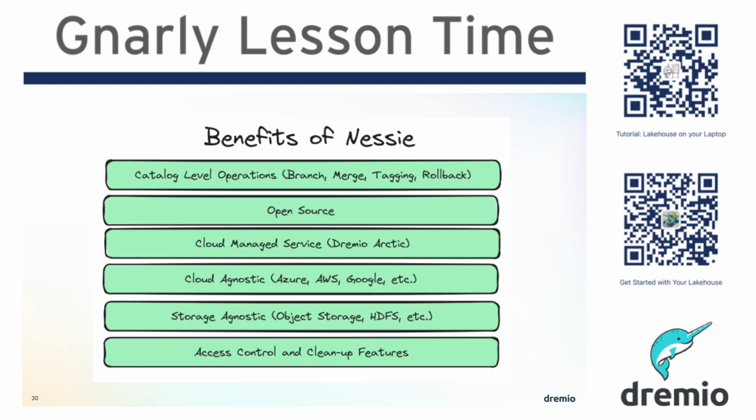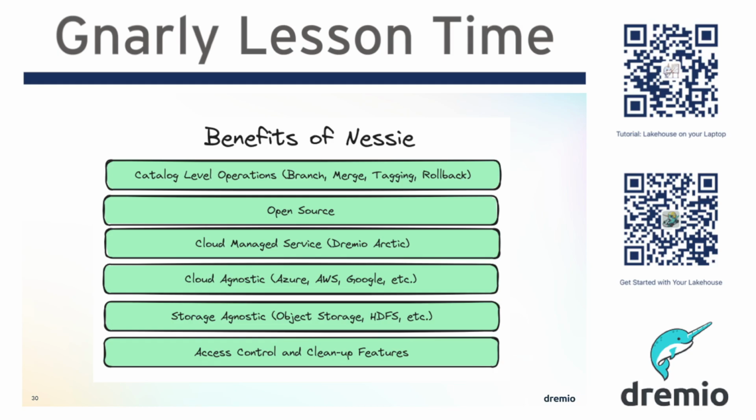It's really more incumbent on the engine to understand how to communicate with the particular cloud or storage that you're using. Nessie just cares that you're updating it with the changes to your table snapshots. And Nessie has built-in access control and cleanup features. Okay. These are even easier to use when you use the cloud managed Dremio integrated catalog, which builds in and automates a lot of these features, giving you a much nicer UI for interacting with them.